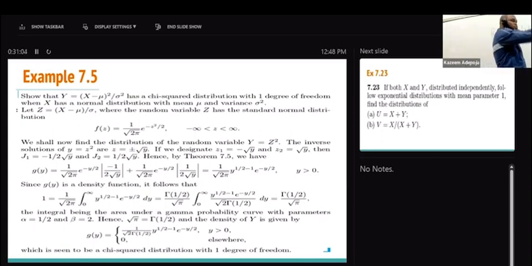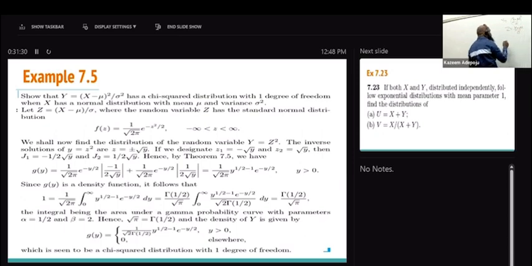This is the proof. If I want to make the proof now, y equals x minus mu over sigma, squared. Don't forget, z is this.